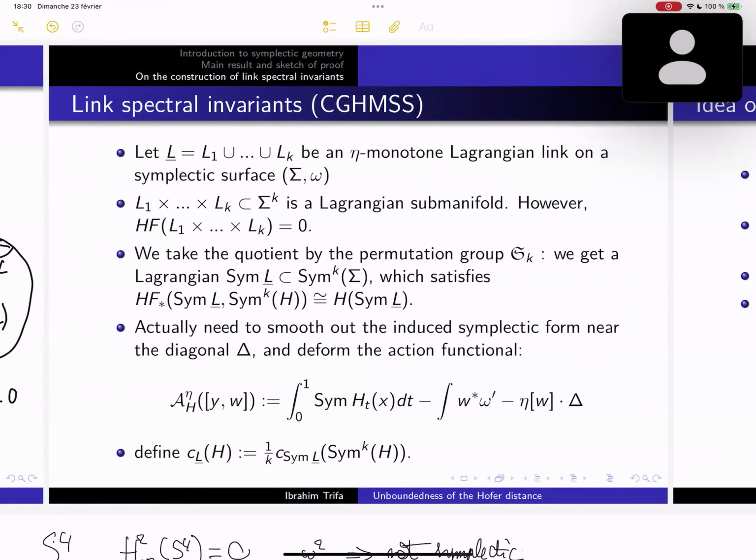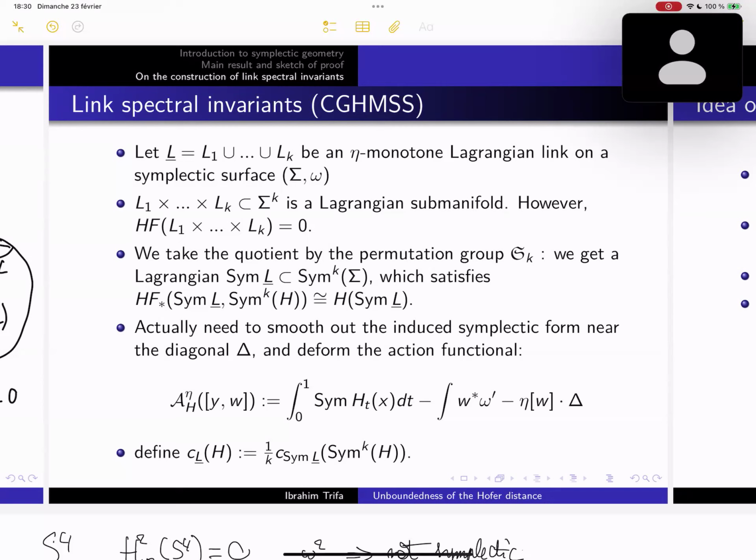Now we want to do the same with our specific Lagrangian, which was a union of disjoint circles inside a disk. So we embedded the disk inside a sphere, and we had what we called an eta monotone Lagrangian link.